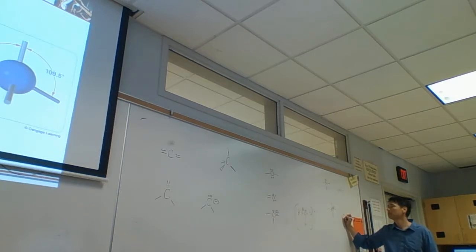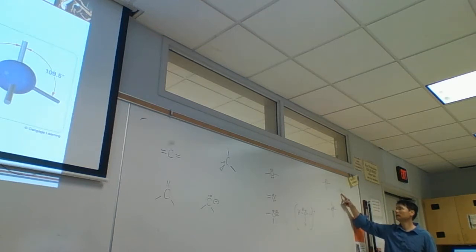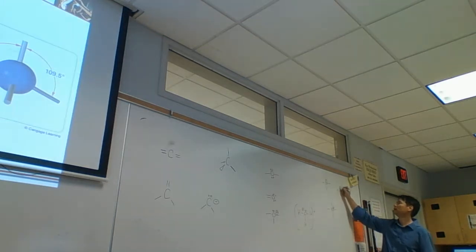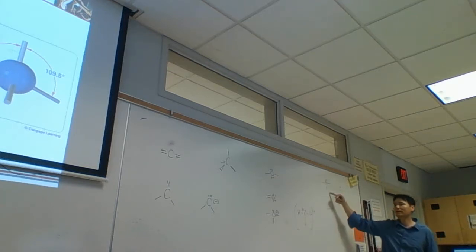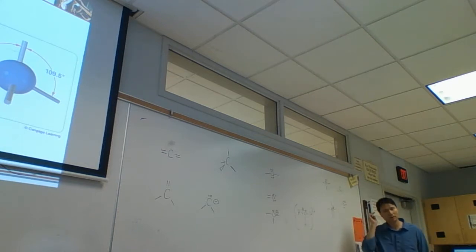This would be neutral. It would be 0. Or it could have 2 single bonds and 2 lone pairs. If it has 2 single bonds and 2 lone pairs, then it's negative.